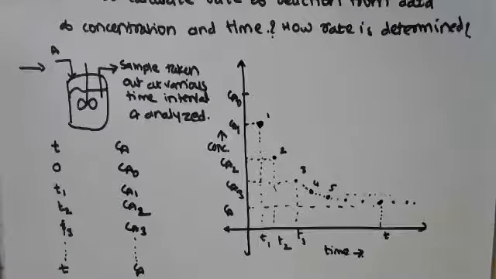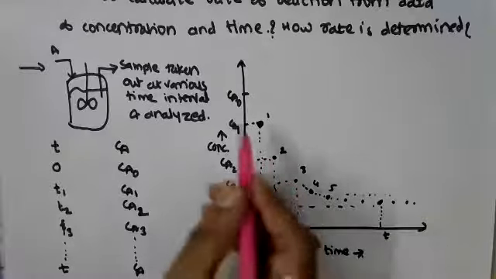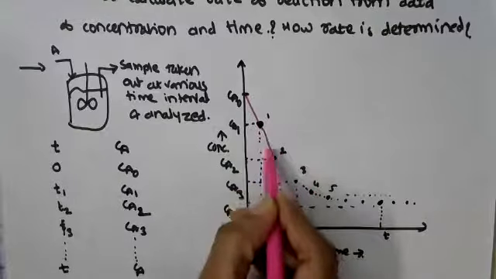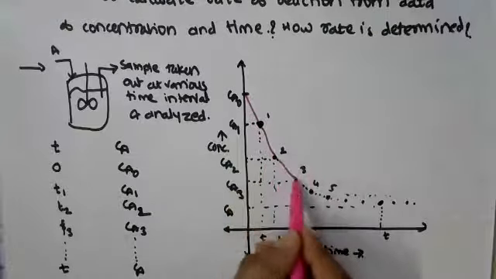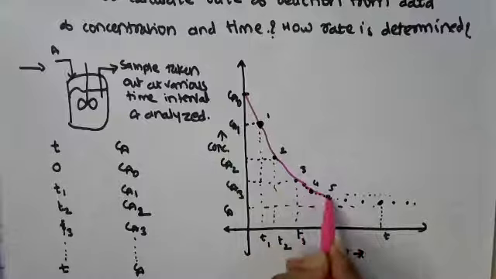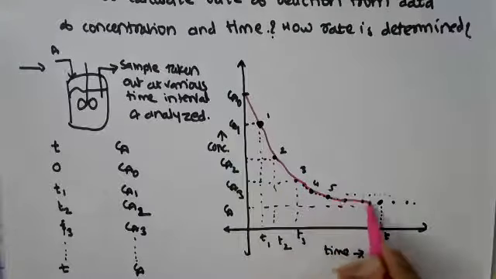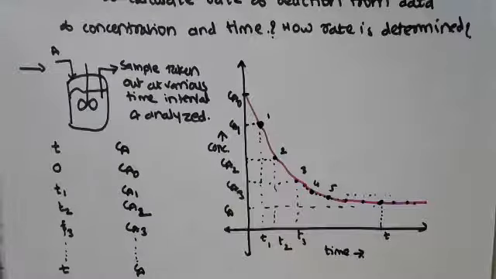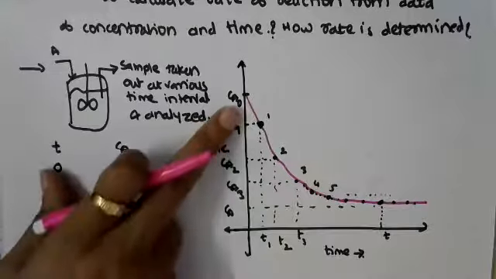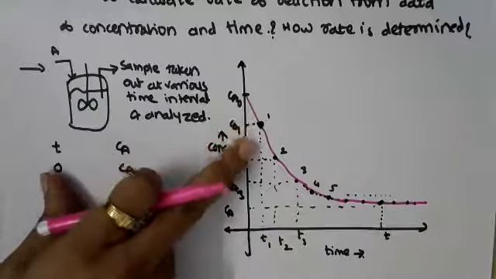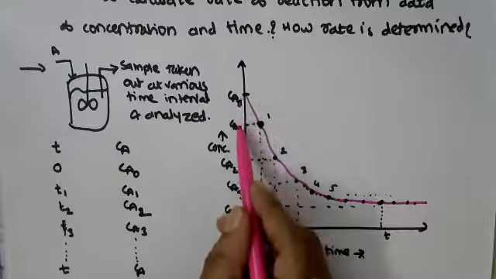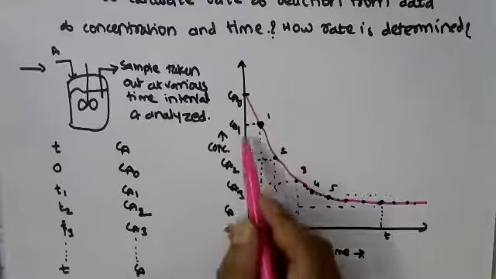Now let us try to connect the points. So the nature of the curve is like a decay curve. You can see initially the drop in concentration, that means the difference in the value of CA0 and CA1 is quite large.